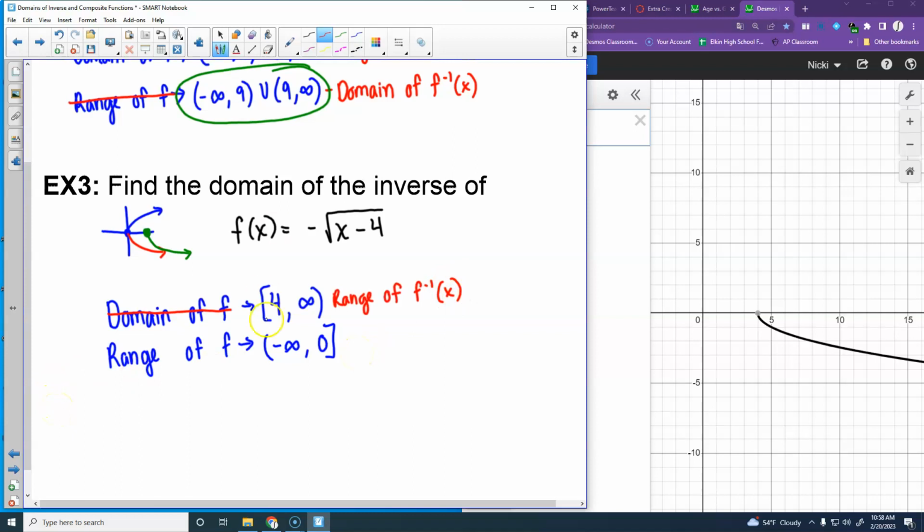I did not, because it's not asking for range of this, but I like to just do both parts. And this is the domain of f inverse of x, and this problem was asking for domain, so this right here is our answer. So negative infinity to 0.